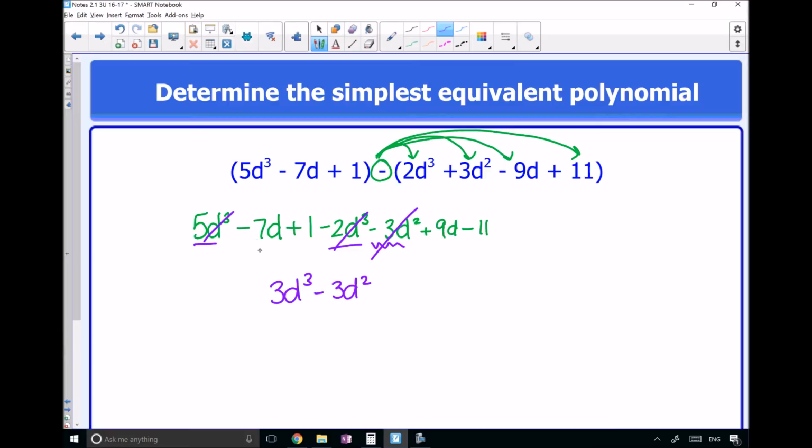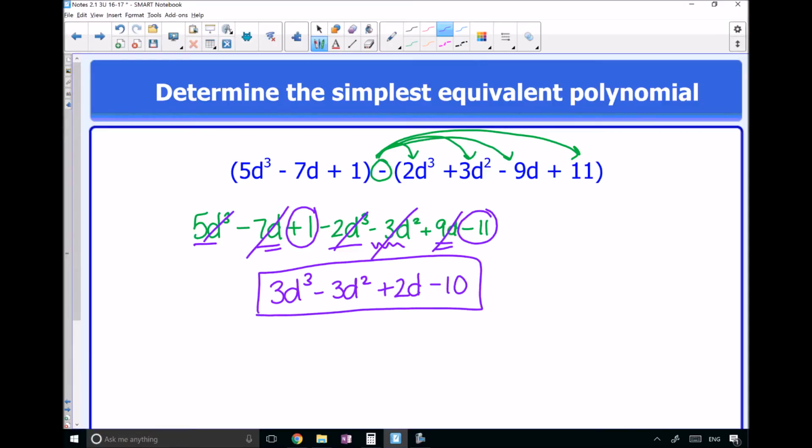Next I have negative 7d can be put together with positive 9d, and negative 7 plus 9 is 2, so I get plus 2d, and I can cross those two out. Lastly, I have my constants, so I can put together 1 and negative 11, and I get negative 10. My answer is in descending order, and there are no other terms that are like each other, so this is my final answer, and I'm done with this example.